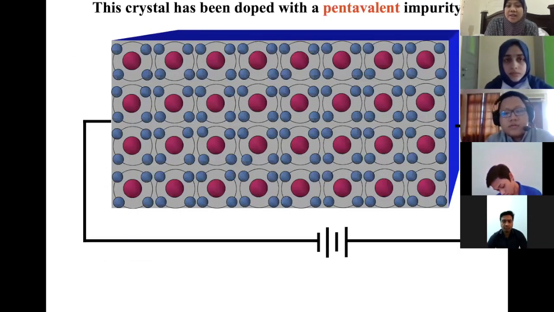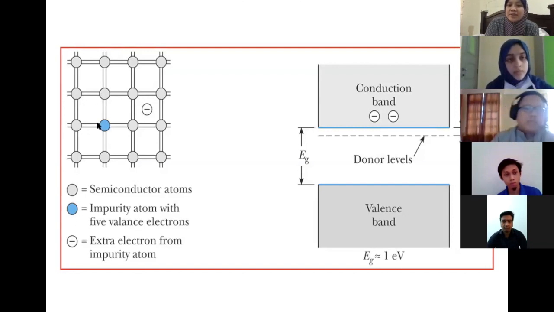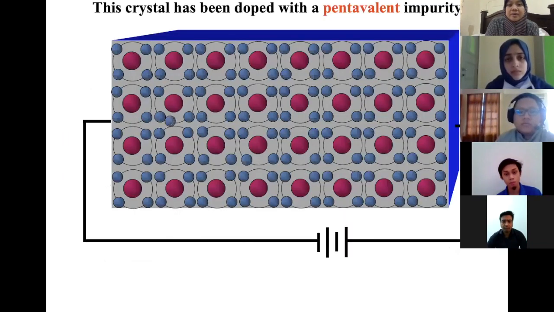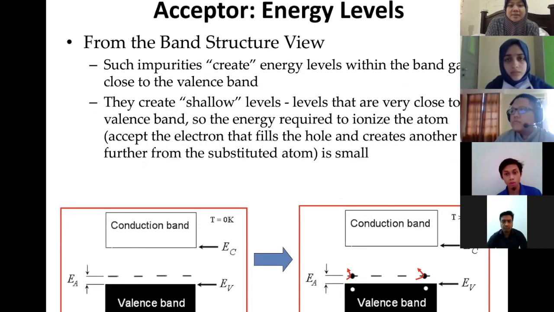It will not change the lattice constant, which is the distance between this atom and this atom. If you put in a donor, the distance doesn't change. So the lattice constant doesn't change with doping.